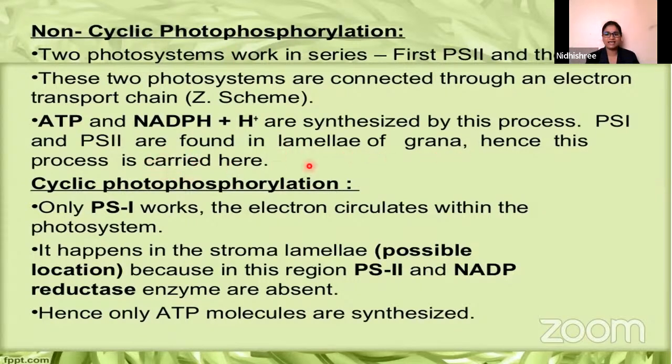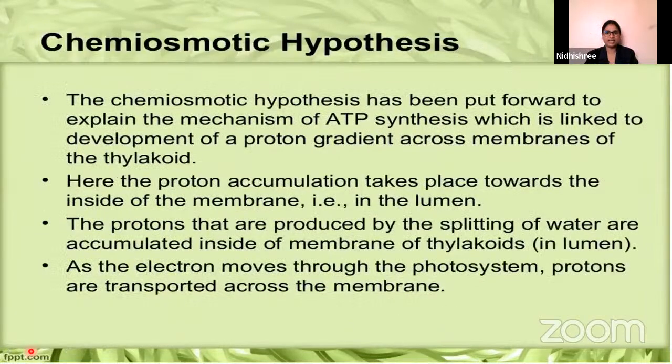Hence this process is carried here. In cyclic photophosphorylation, only the PS1 system works. The electron circulates within the photosystem. It happens in stroma lamellae, right? Hence only ATP molecules are synthesized in cyclic photophosphorylation.